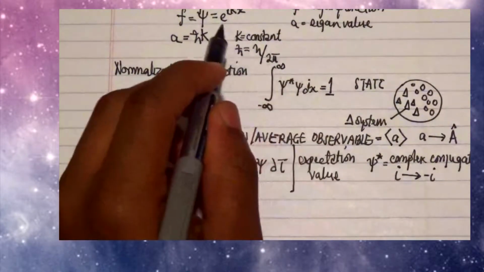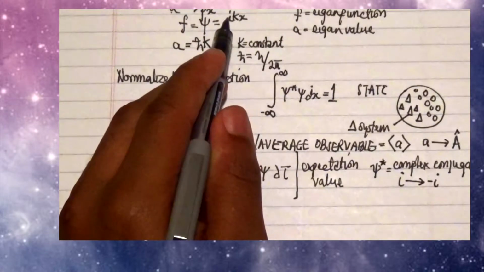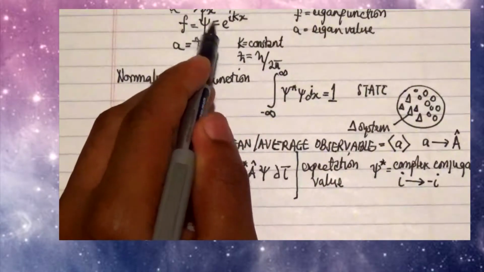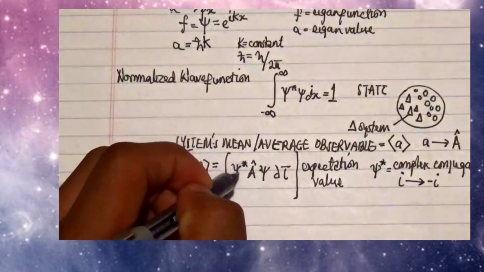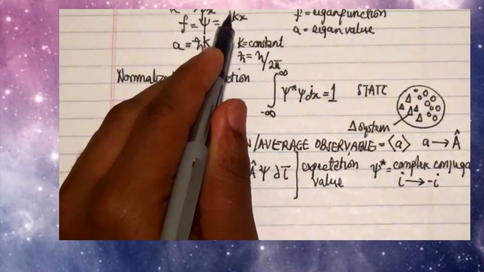For example, in our previous video or previous section, we have i in here. This is an expression for just our regular psi. However, if I'm using psi star, that is having a negative i in here.